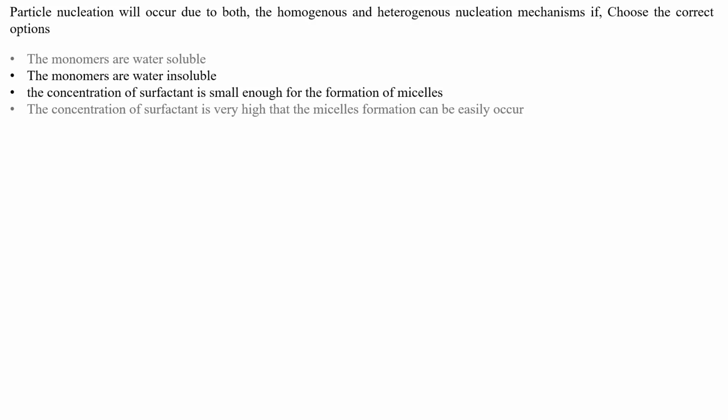If micelles are not present, the emulsifier will form through the existing polymer particles. So the concentration of surfactant should be high enough that micelle formation can easily occur, and emulsifiers are generally used for stabilizing the particles formed through homogeneous nucleation. So the fourth option, the concentration of surfactant being very high so that micelle formation can occur, and the monomer water solubility govern the homogeneous and heterogeneous nucleation process. So the first one and the fourth one are the correct answers.